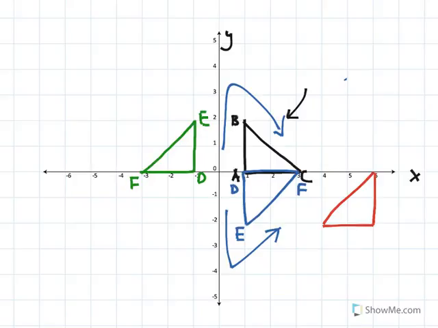Now for our last one, it's a bit trickier. So let's take this base right here, the blue one, and we know that if you reflect it, we get an upside down triangle, but then we have to reflect it again. So pretty much you can think of that as a 90-degree turn counterclockwise.